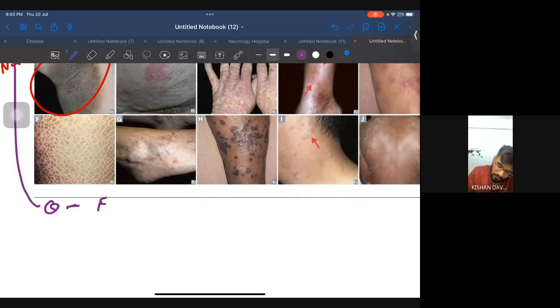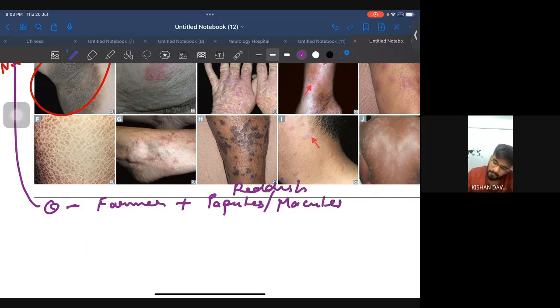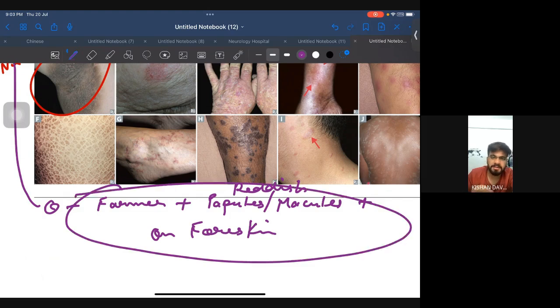Farmer, plus papules or macules, reddish, on forehead. Okay, so this is what the case is going to look like. But sometimes along with this case, they will give you the image.